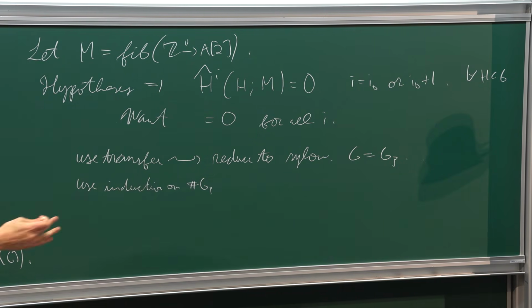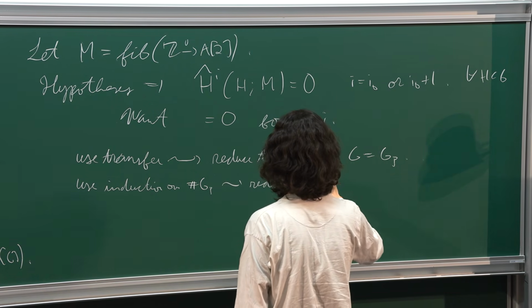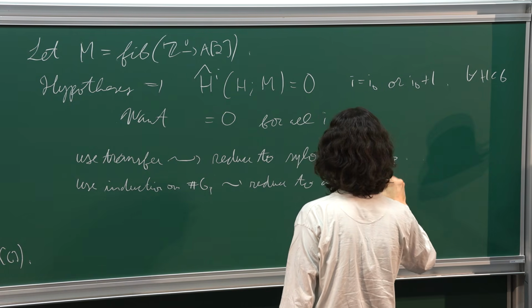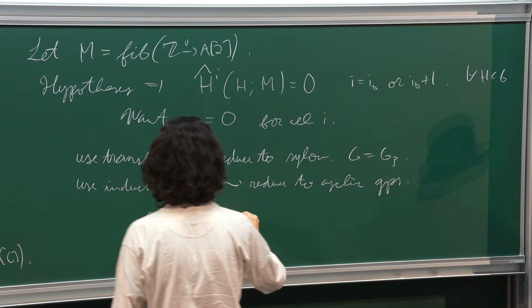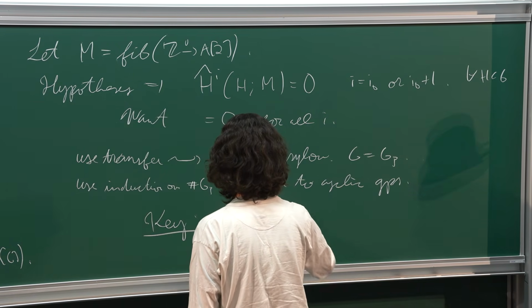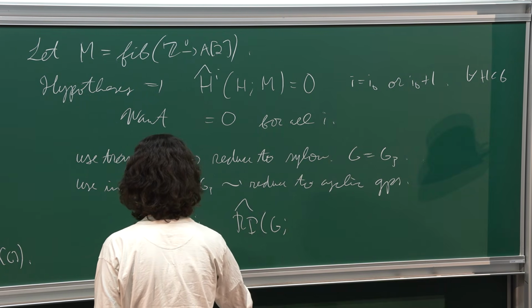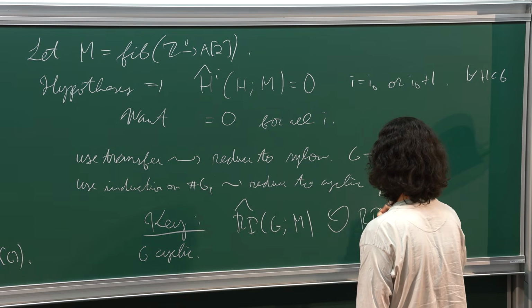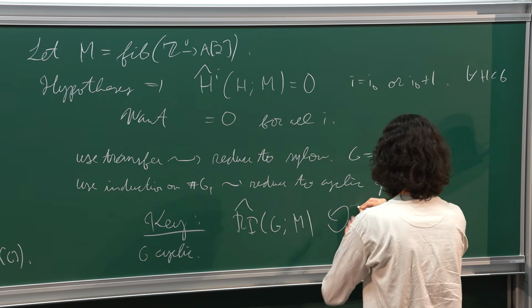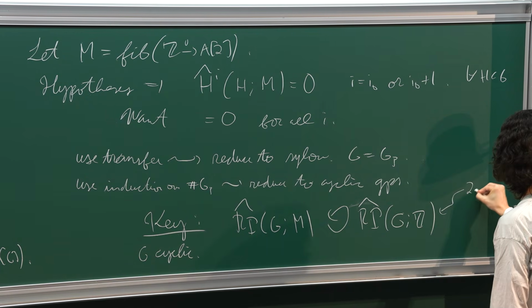Every p-group has a filtration where the quotients are cyclic of order p, so reduce to cyclic groups. And then the key point is that for G cyclic, this Tate cohomology of anything is a module over the Tate cohomology with Z coefficients, and this is 2-periodic.